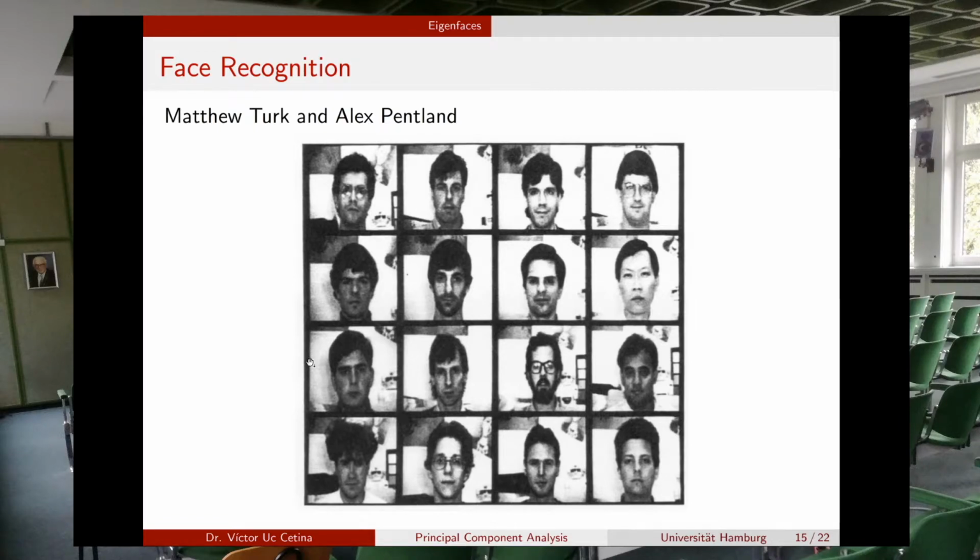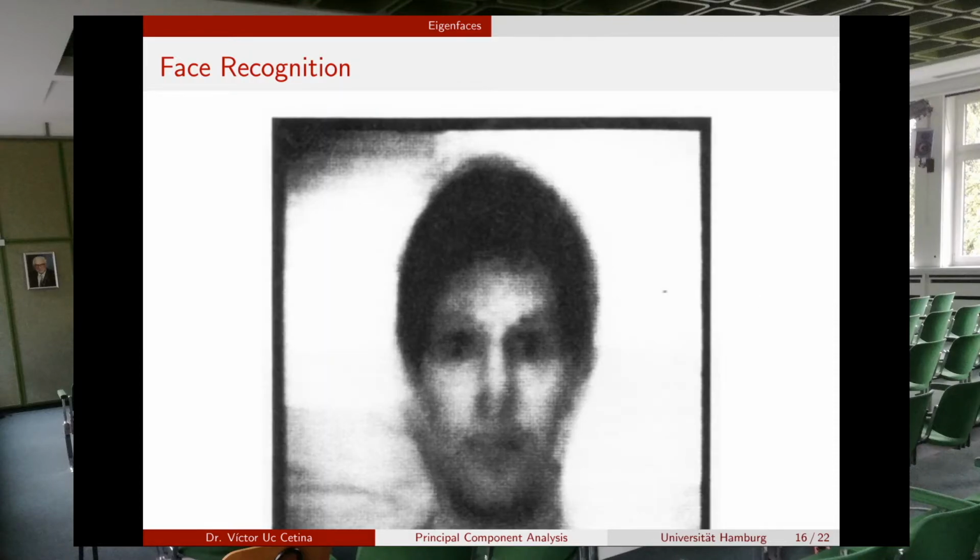So what they did was to take first a set of faces like this in grayscale, and each of these faces was considered a vector in some dimension defined by the size of the image. They computed the mean vector of that data set, and that mean vector will look like this, which is like the average of the faces.